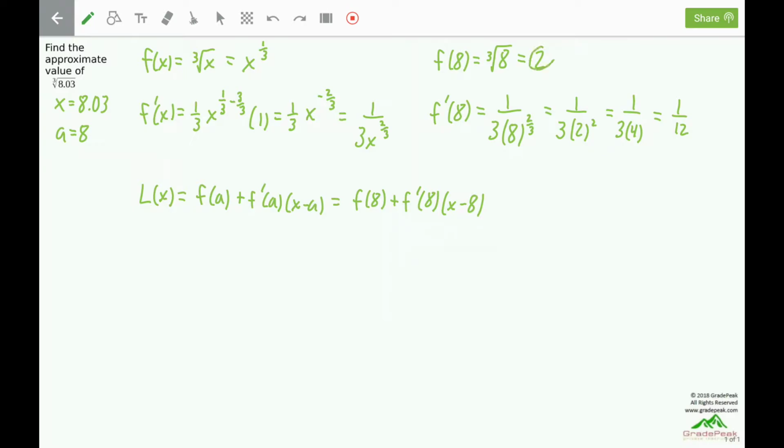We have values for f of 8 and f prime of 8 up here. So those can be put into place. And the linear approximation will be f of 8, which is a 2, plus f prime of 8, which is a 1/12, times x minus 8.